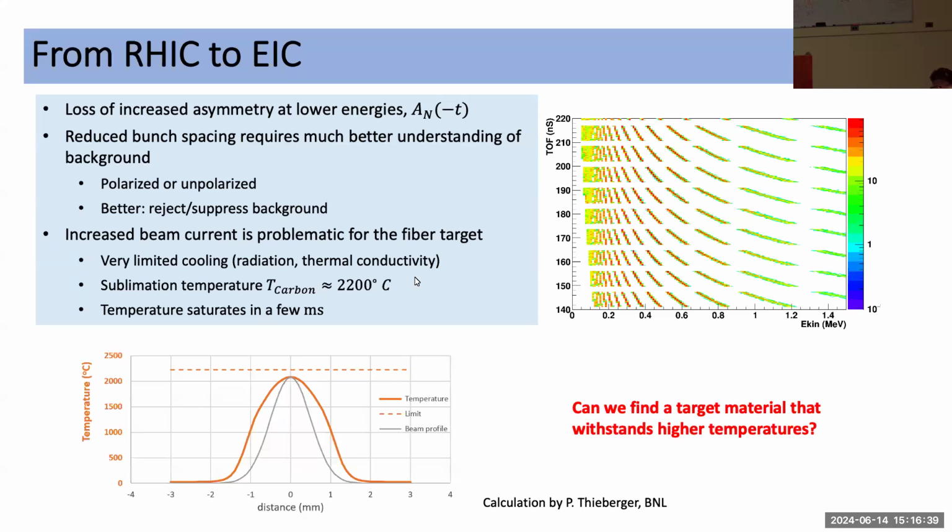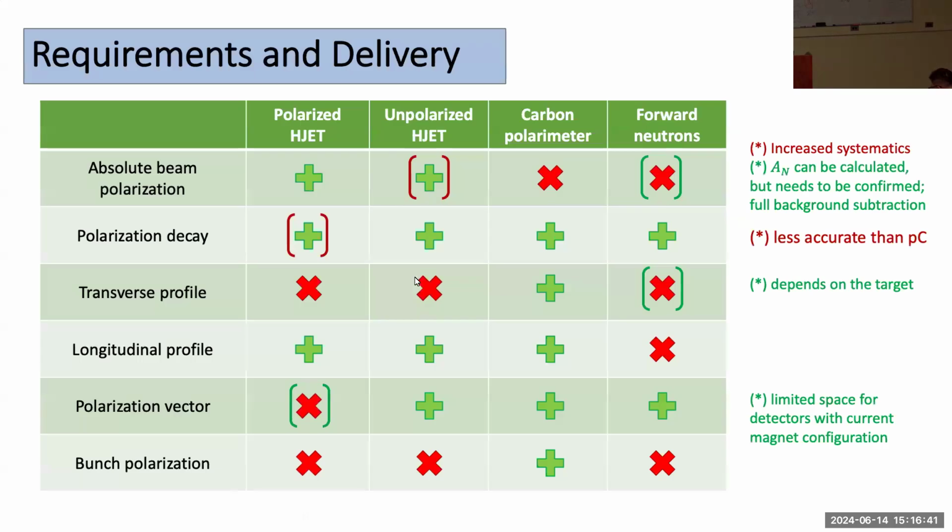Okay, so I'm at the end, a couple more slides. The requirements for the EIC: absolute beam polarization, polarization decay, transverse profile, longitudinal polarization, polarization vector, bunch polarization. So you see that with the jet and the carbon, we can essentially cover most of it.